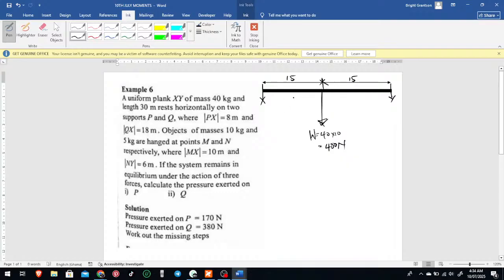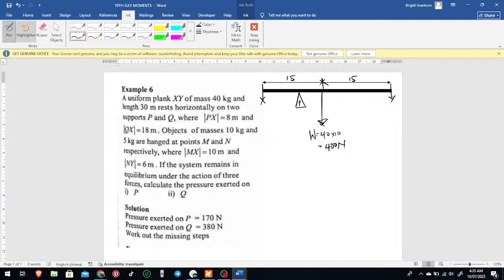Now, rest on two supports P and Q, where P to X is 8 meters. So if this is 15, if you divide 15 into 2, you get 7.5. So 8 meters will be around here. Then the support Q, 18 meters, means it's going to be more than the midpoint.